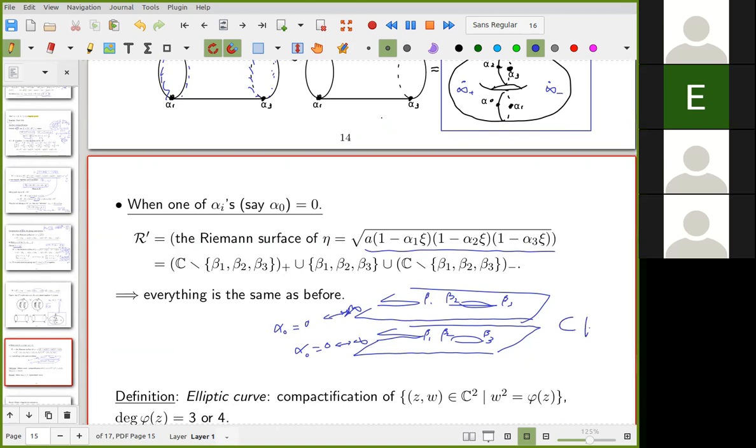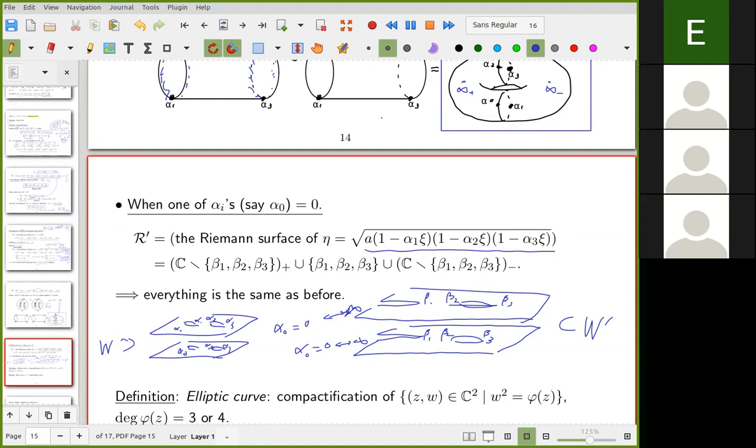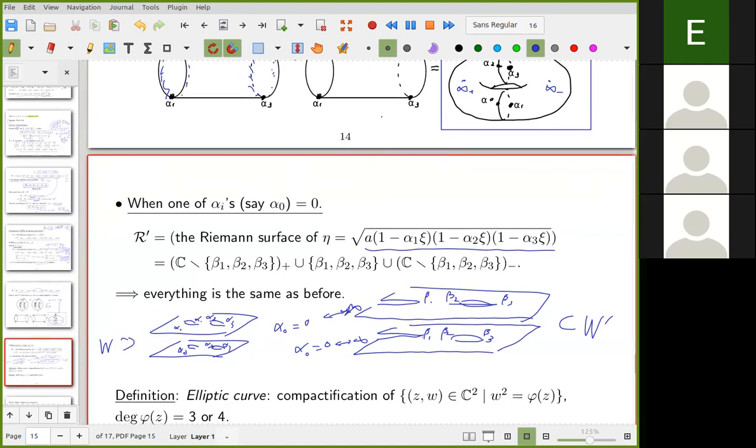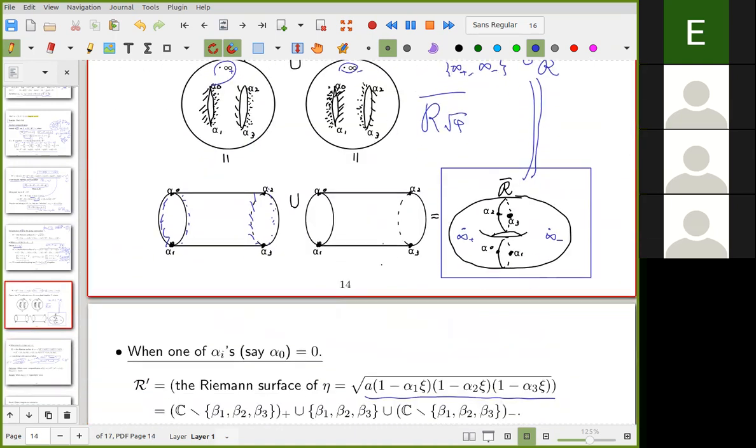So this is in W. The construction here does not change.